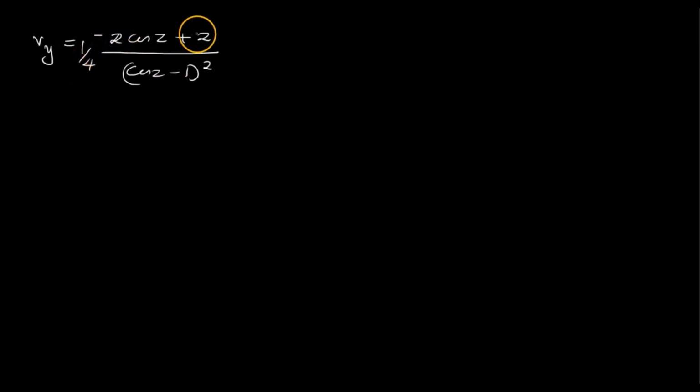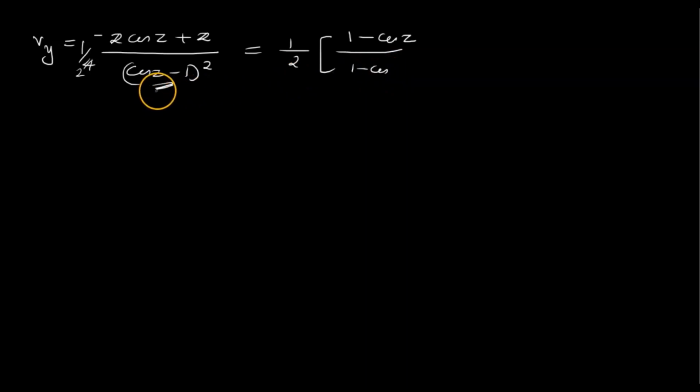We can cancel this 2, 2, 4. So finally we get 1 by 2 into 1 minus cos z divided by 1 minus cos z whole square.